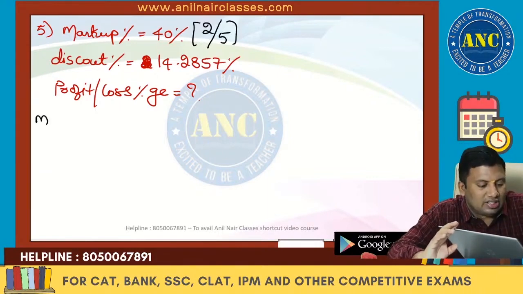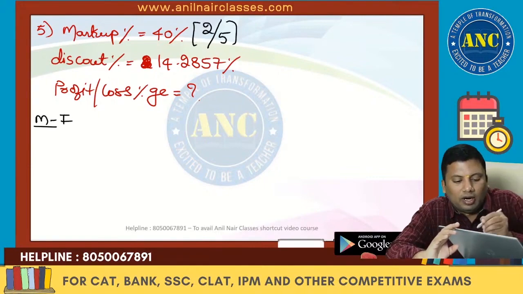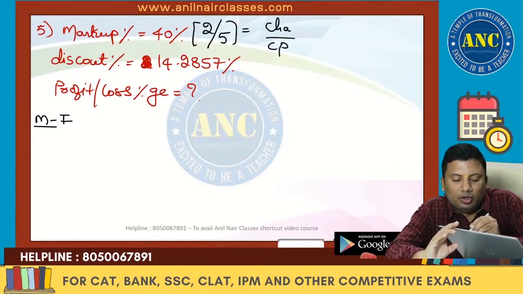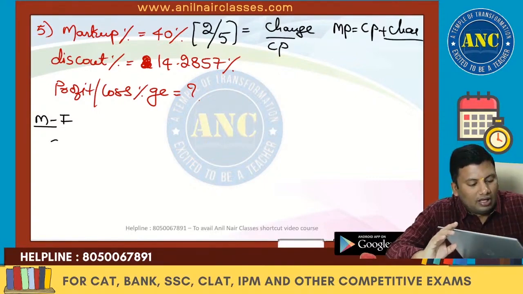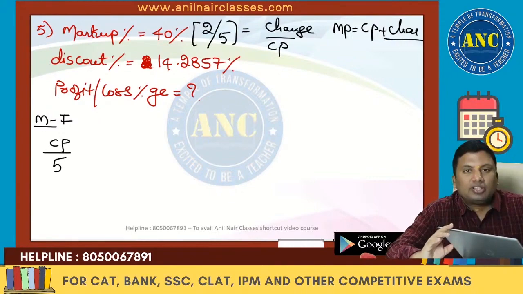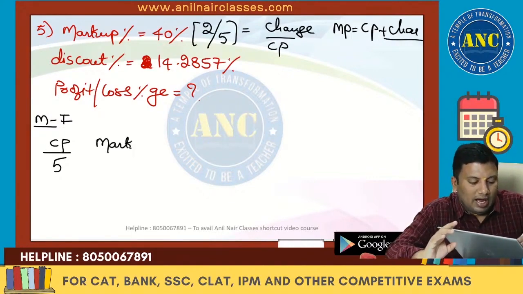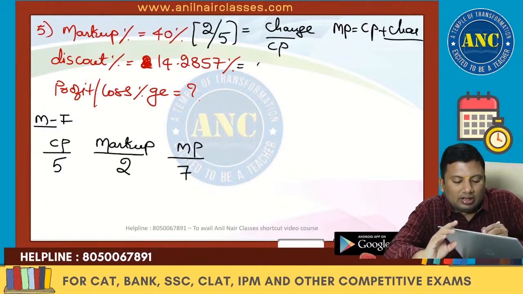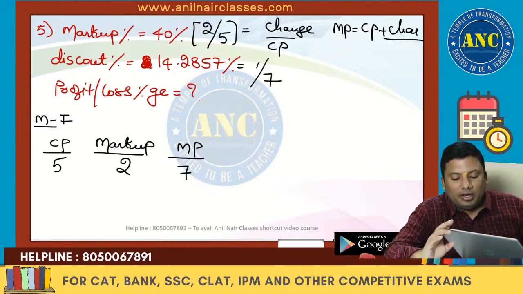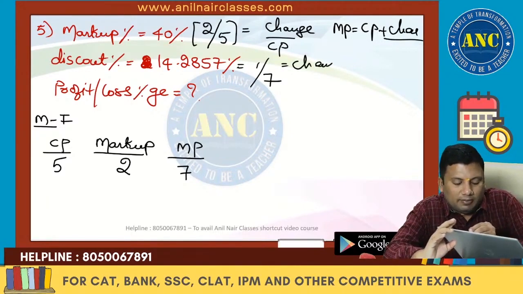Now, what is the traditional method and an optimal method? Markup is nothing but cost price and numerator is the change. Market price is nothing but cost price plus change. That means I went to a shop, purchased a product at 5 rupees. I increased 2 rupees, so market price is 7. Discount is 1 by 7, which is 14.2857, nothing but change by market price.